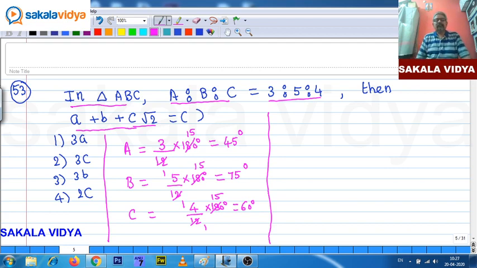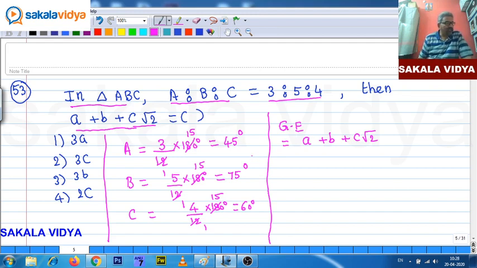So now we need to find out this value. The given expression is A plus B plus C root 2. There is no way but to write A, B, C using the sine rule itself only.